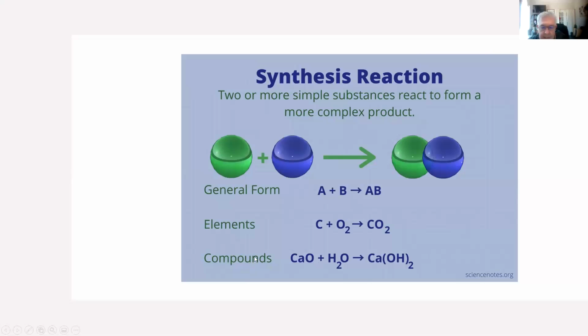But in the case of compounds, you have calcium oxide reacts with water to form calcium hydroxide. Always, the product is only one compound. The reactants can be either elements or simple compounds.